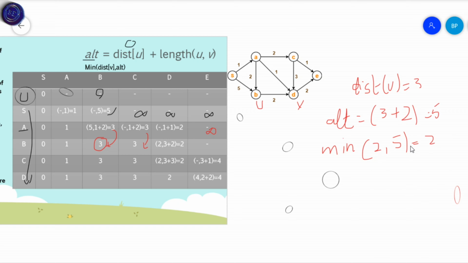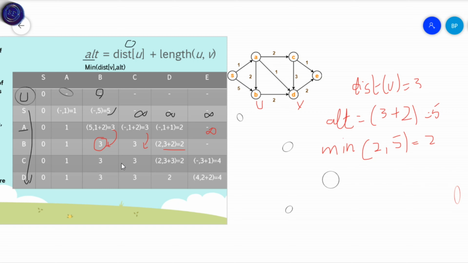Okay, so I copied 2 as the minimum value because from S to A to B, B to D, it becomes a longer distance compared to S to A and A to D. So I consider S to A and A to D. Similarly, we are going to find the remaining values.